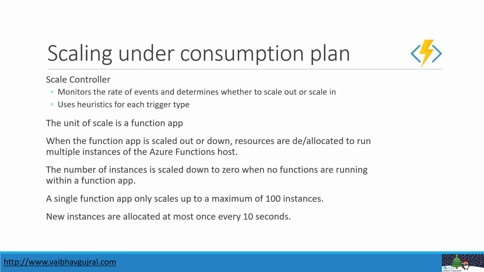Scaling can vary on a number of factors and scale differently based on the trigger and the language selected. However, there are a few aspects of scaling that exist in the system today. A single function app only scales up to a maximum of 100 instances. A single instance may process more than one message or request at a time though, so there isn't a set limit of number of concurrent executions.